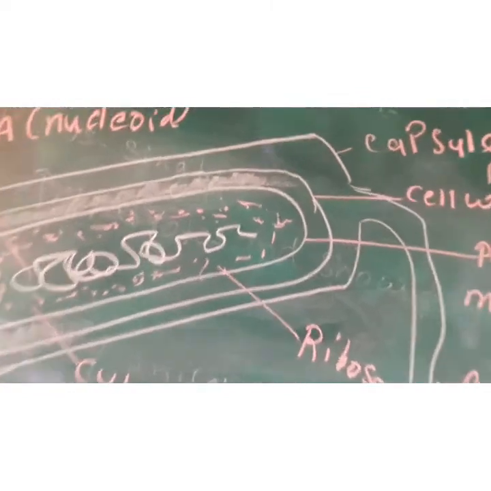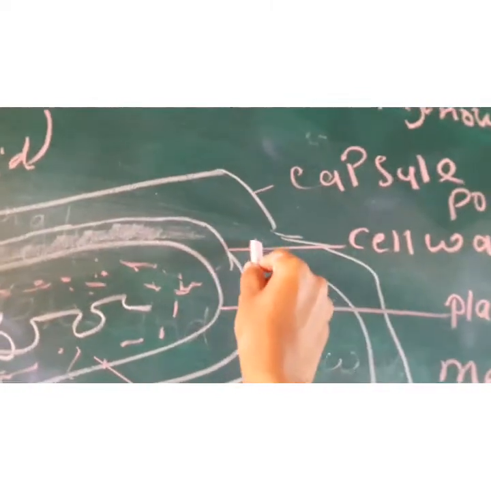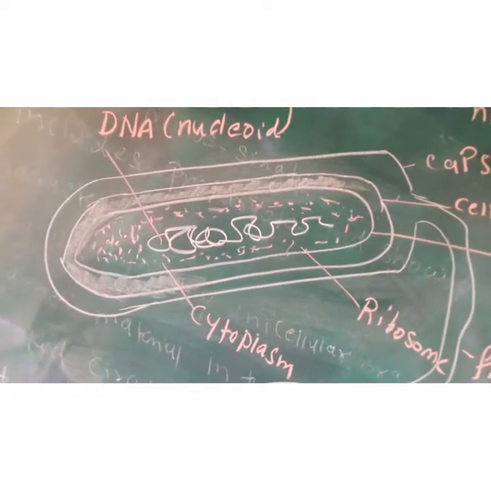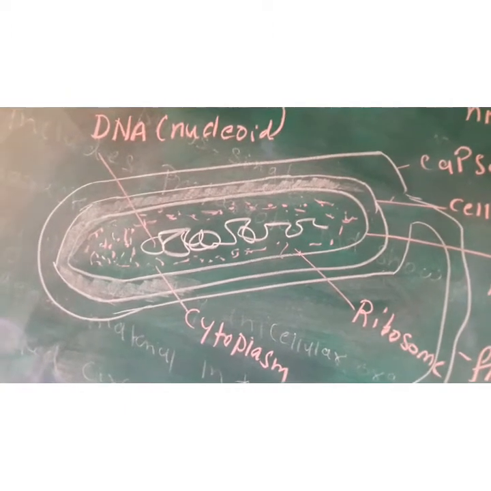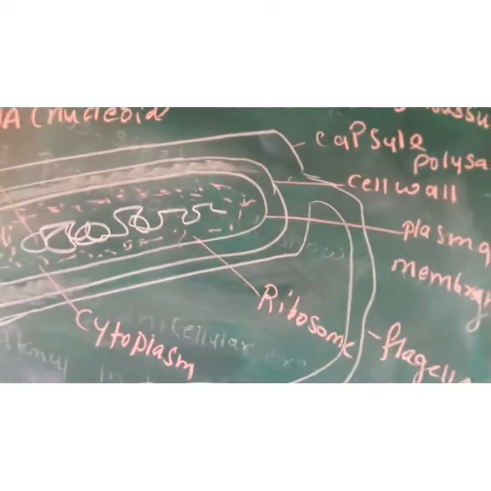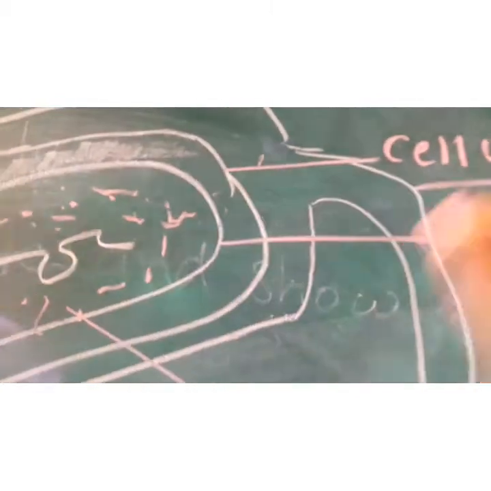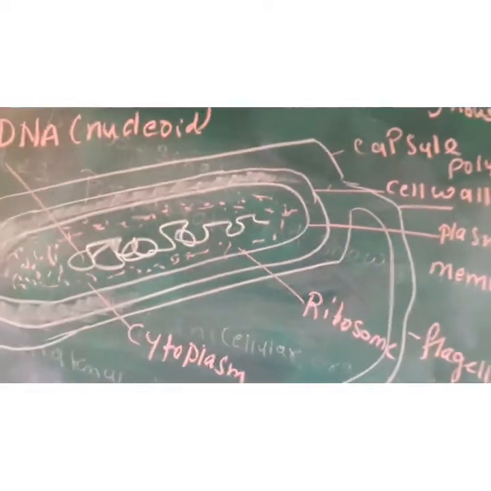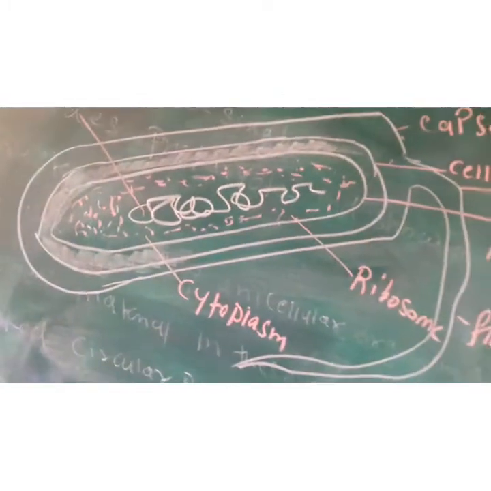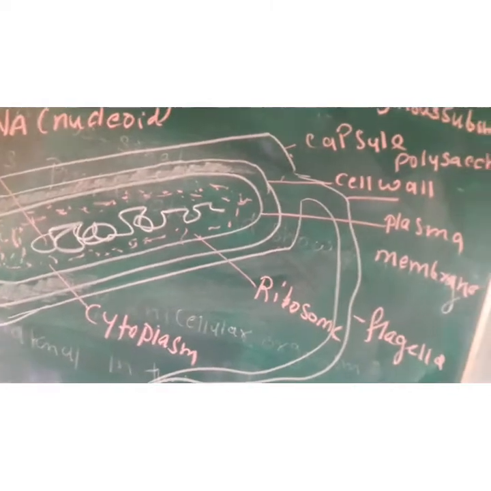The second layer after the capsule is the cell wall. All the bacterial cells are covered by a strong rigid cell wall. It is inner to the capsule and it is made up of polysaccharides, proteins and lipids. The third layer is called the plasma membrane.